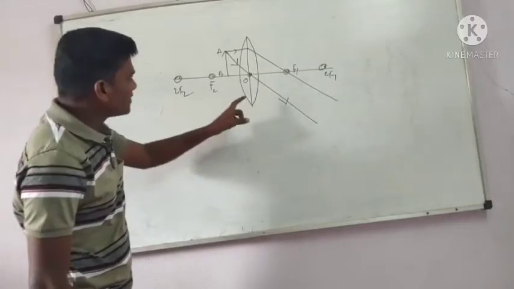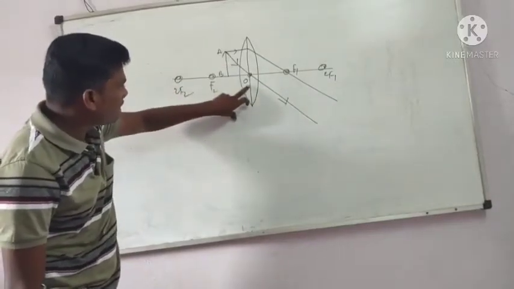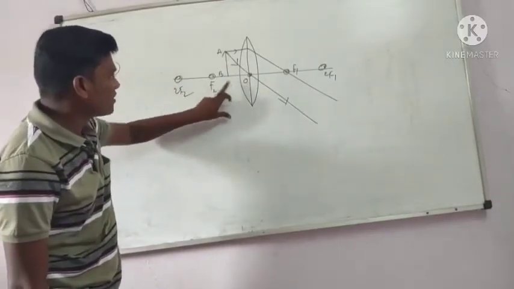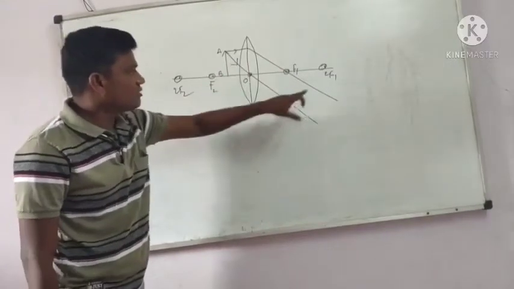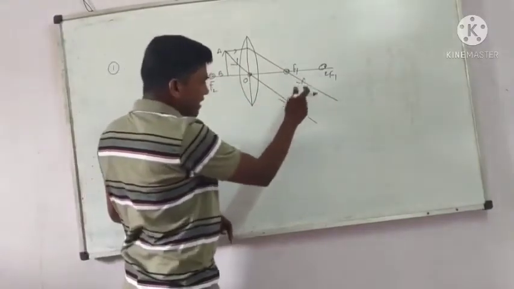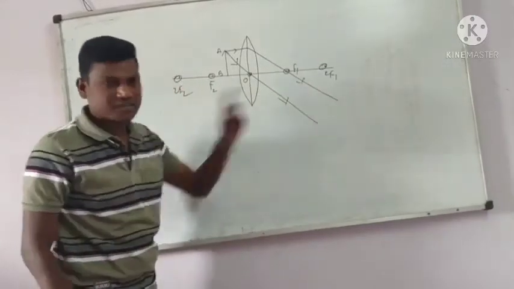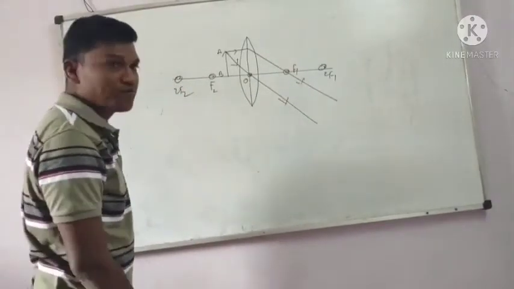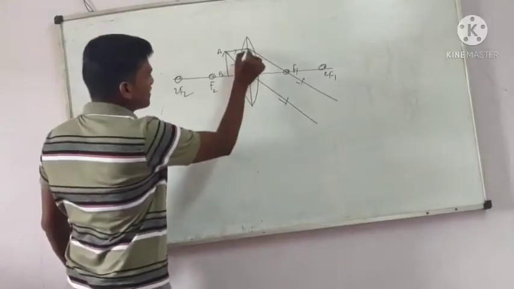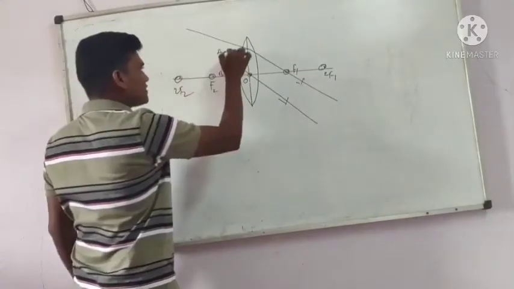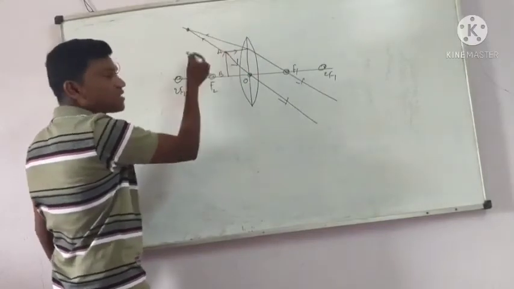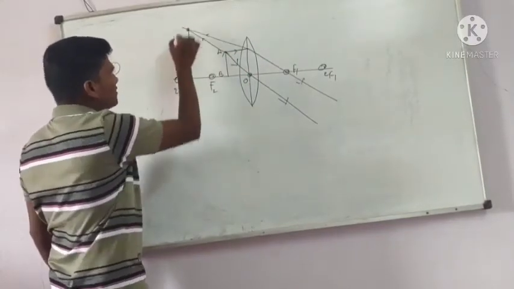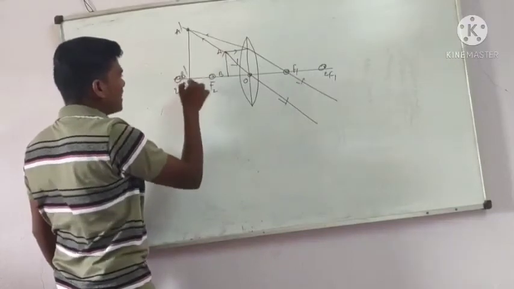But when the object is placed between the optic center and focus on one side of the convex lens, after the refraction the first refracted ray and the second refracted ray never meet. Where the image will be formed: the first refracted ray produced backward, second one produced backward, both meet on the same side of the object at one point, that is A dash, B dash.